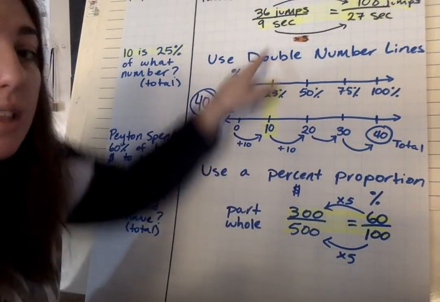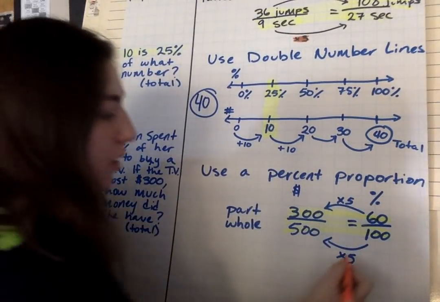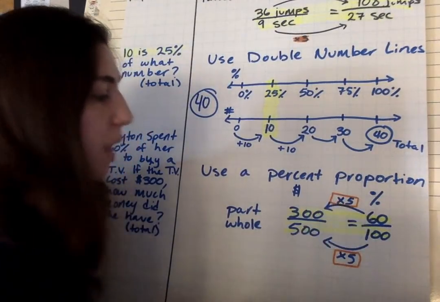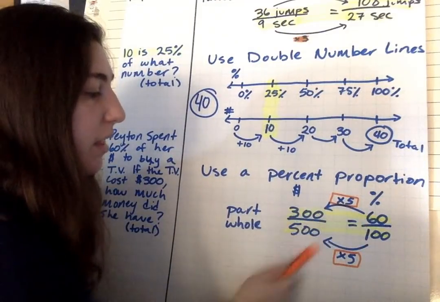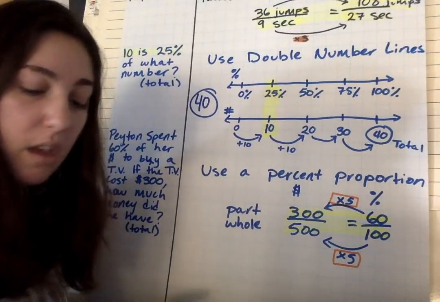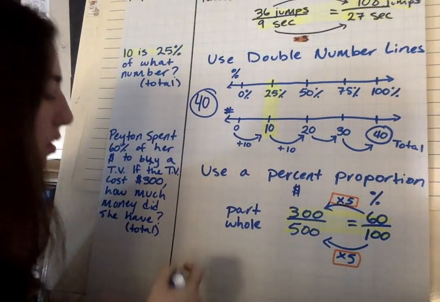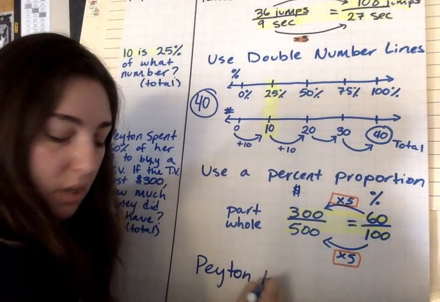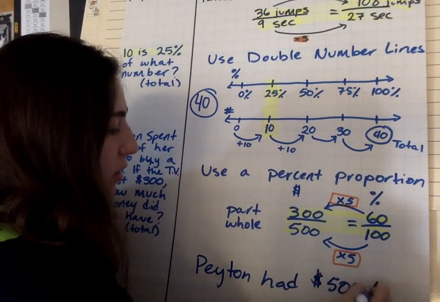We're doing the same thing that we did at the first problem. We use the same number on the top and bottom to multiply this ratio by to get this. Okay, that's telling us that they're equal and that they are proportional. So Peyton had $500 total.